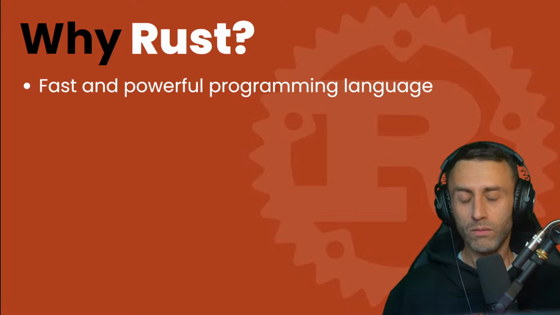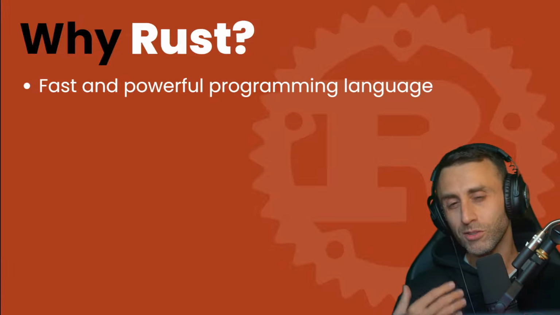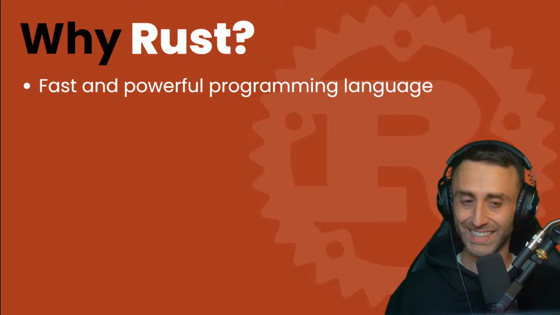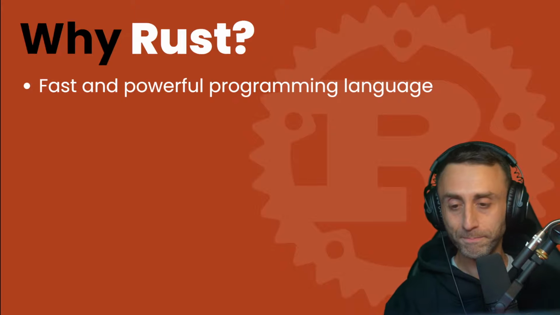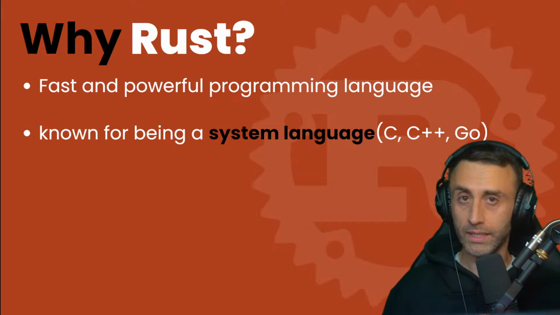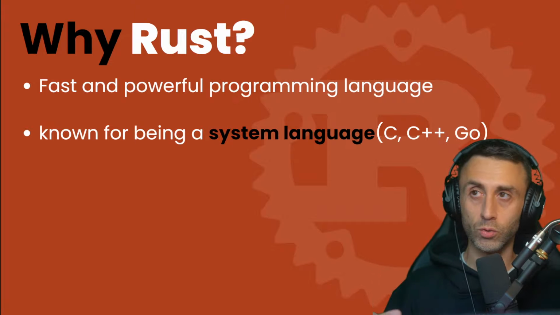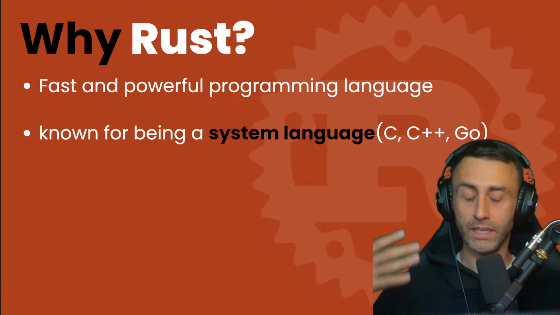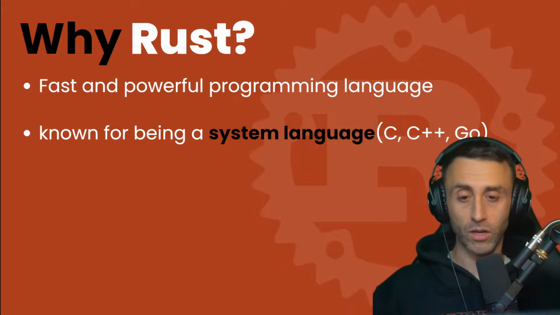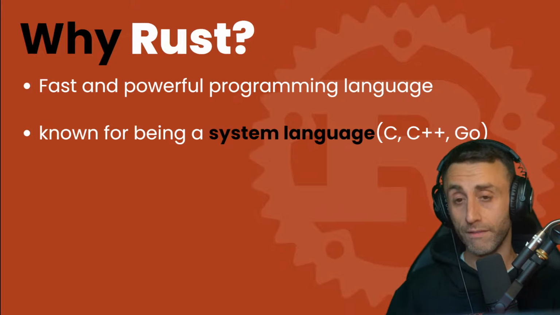The reasons why we might want to learn Rust are many. First of all, it's a really fast, a really powerful, and I would say also exciting and fascinating programming language, I'd like to add. And probably you heard about Rust, and this was also my case. The first time that I heard it was for system language, so a language that is used to create frameworks, create operating systems, creating core software that is also used to develop other software.